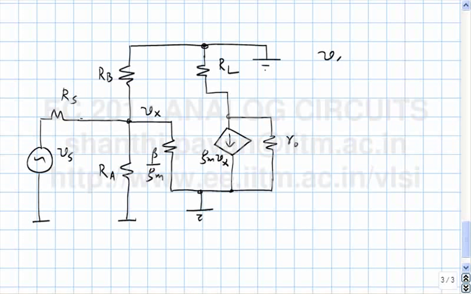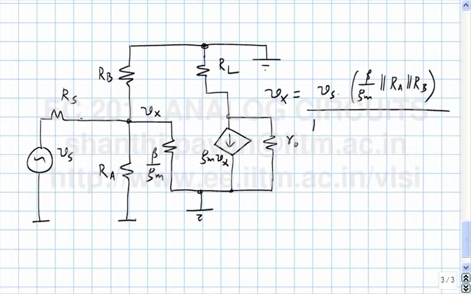So what is the incremental voltage Vx in terms of Vs? It is Vs times beta by GM parallel RA parallel RB, divided by RS plus beta by GM parallel RA parallel RB. What is V out in terms of Vx?